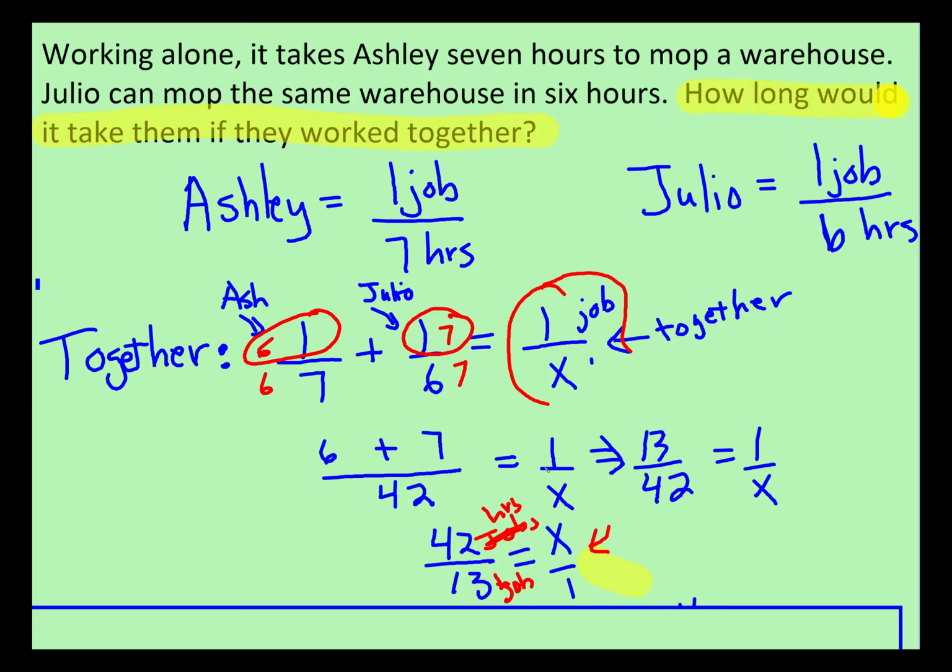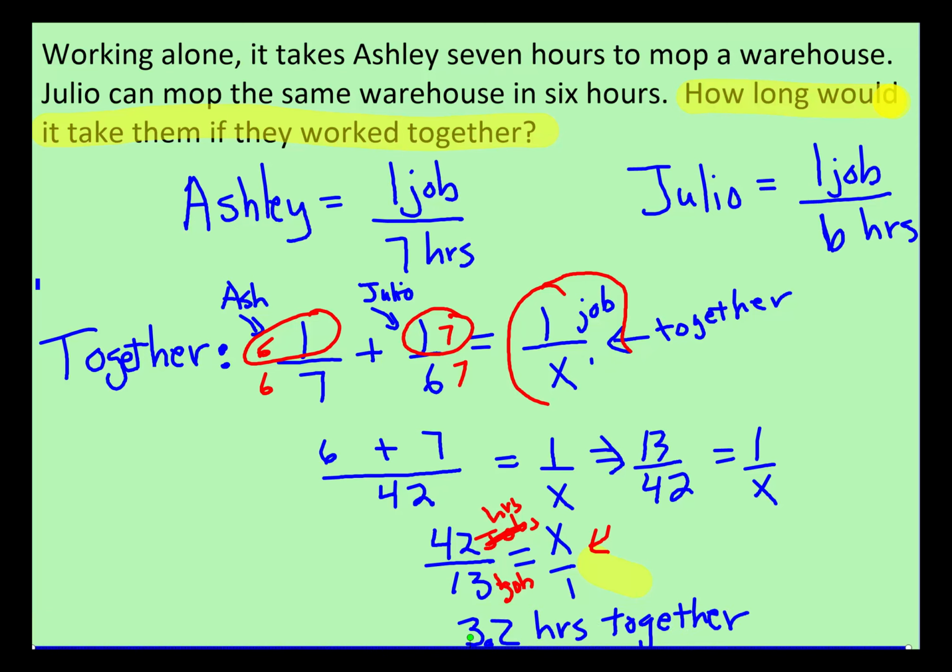Well, we want to know how long it takes them together to do one job. So you're just going to have to simplify one more time, and you do that by simply dividing 42 by 13.